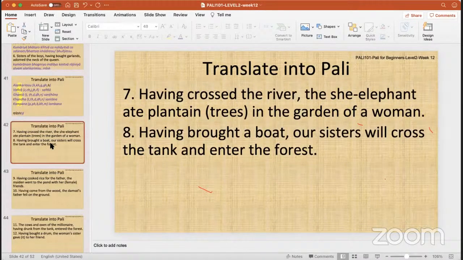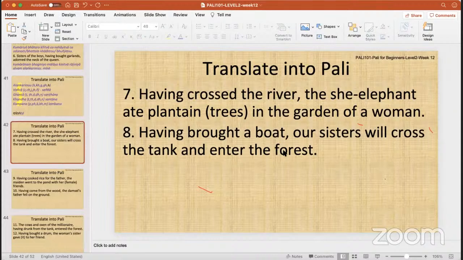Number 7. Having crossed the river, the she-elephant ate plantain in the garden of a woman. That's a good one. What is the final verb here? Bhunji, yes, it is bhunji.